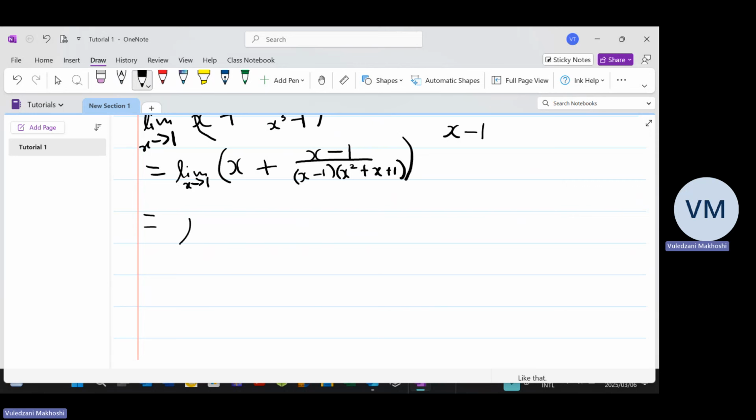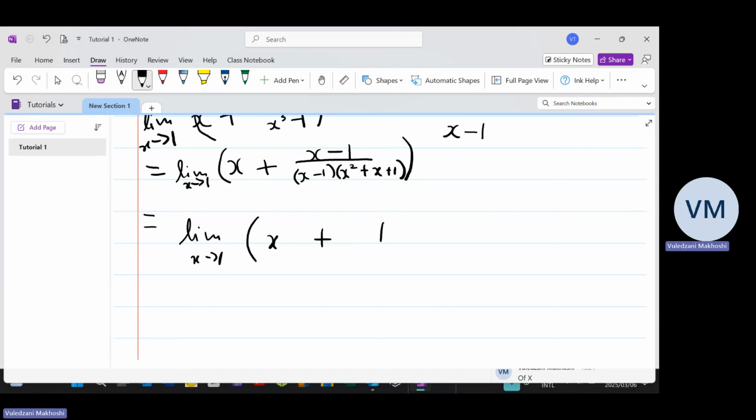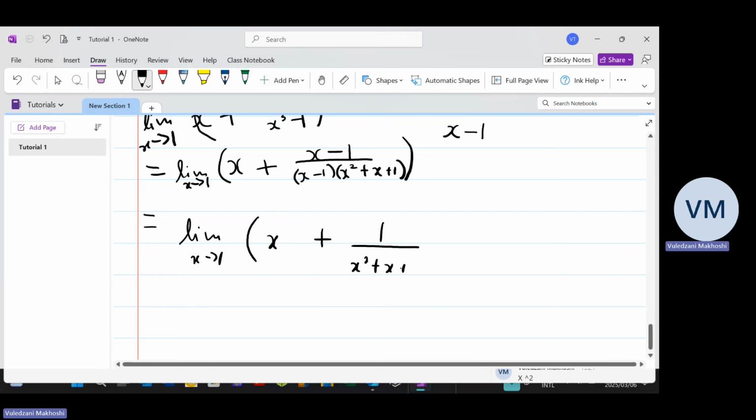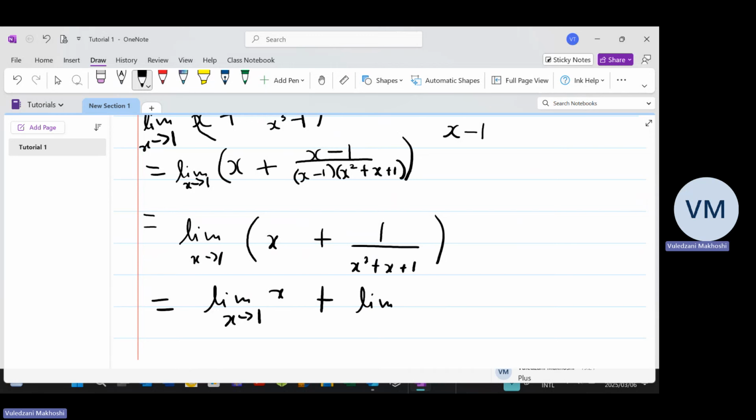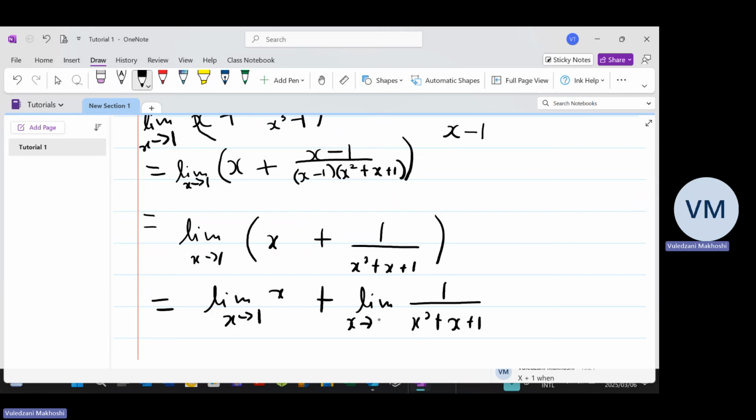This is equal to the limit x is approaching 1 of x plus 1 over x squared plus x plus 1. Then using limit laws, we have the limit of x when x is approaching 1 plus the limit of 1 over x squared plus x plus 1 when x is approaching 1.